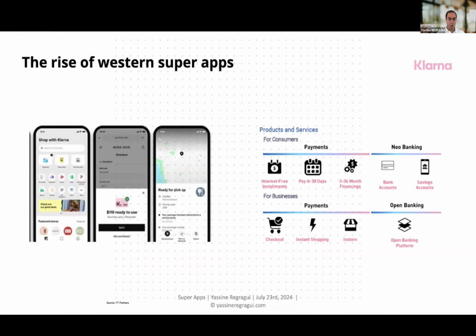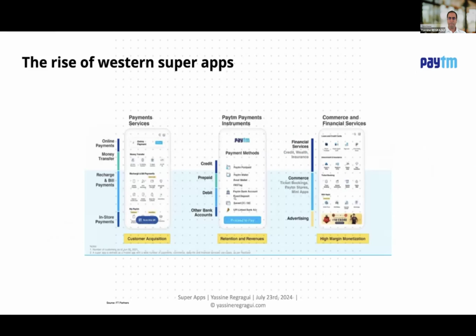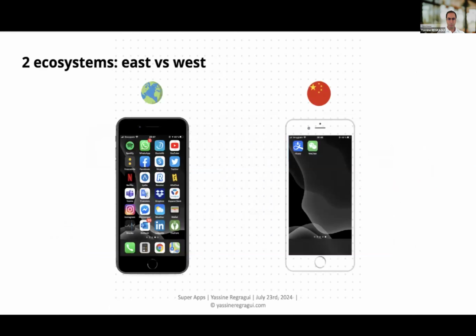They went beyond their core service that is buy now, pay later, and they offer in-store solutions. They offer solutions for all type of merchants, and they do it all through one single app. And then you have Paytm in India, which is following the same strategy as Alipay, as we can see.